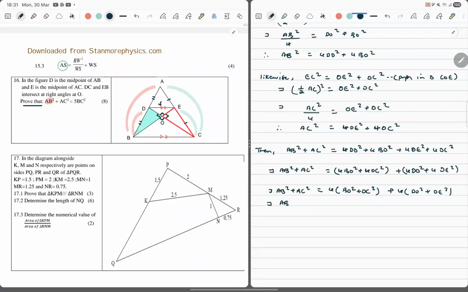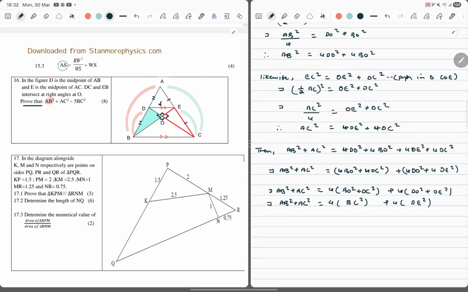This implies that AB squared plus AC squared equals 4 times. What is that? We see that this is BC squared. Pythagoras in the other triangle. We don't want to explain it anymore. This is going to be 4 into, this one is basically DE squared.